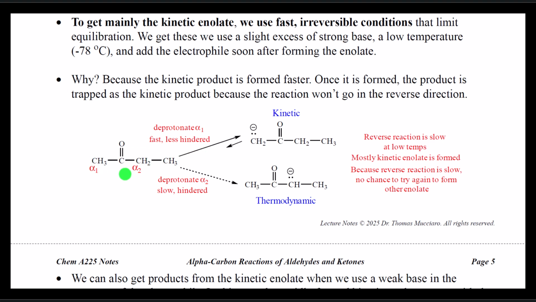So if we imagine, again, having 100 of these react, we would form a much larger amount of the kinetic enolate, and it would essentially stay trapped as the kinetic enolate because the reverse reaction going back to the original ketone would be very slow, and therefore there would be no opportunity for the alpha 2 carbon, the more substituted, to be deprotonated. Because the reverse reaction is slow, there's no chance to try again to form the other enolate.